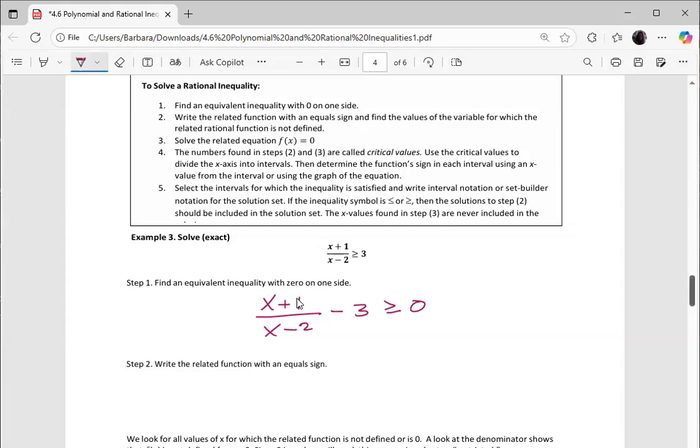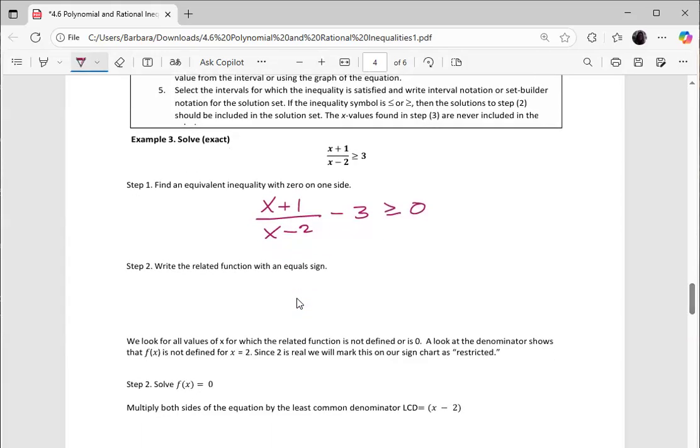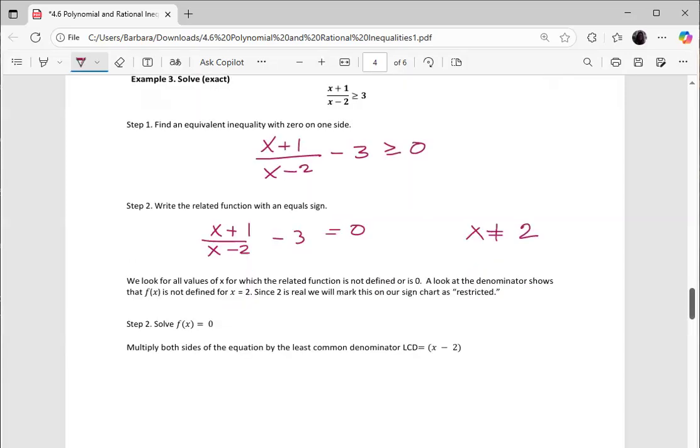And then to find our critical numbers, we're going to set it equal to 0. And then we're going to look for values of x for which the related function is not defined or 0. So we can see that x can't equal 2. So that's one of our critical numbers when we graph it.